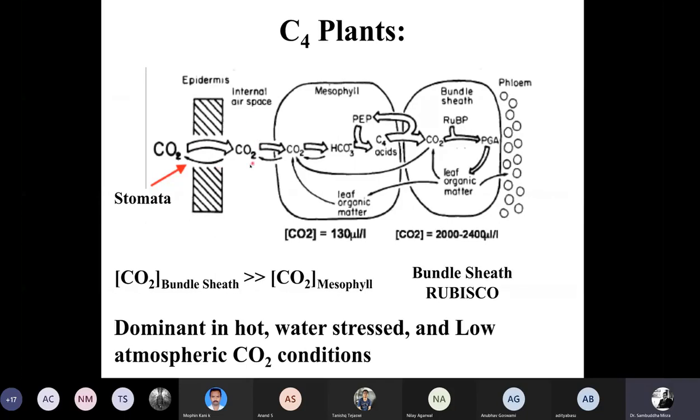Now, once the CO2 is inside the plant in a C4 plant, it goes through a multi-stage process, the bundle sheath, Rubisco. Now, this happens in hot, water-stressed conditions and low atmospheric CO2 concentration. That's where C4 plants dominate.